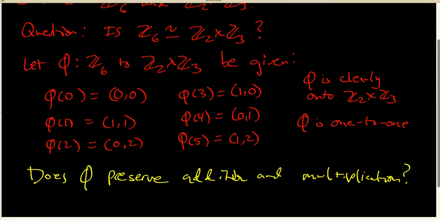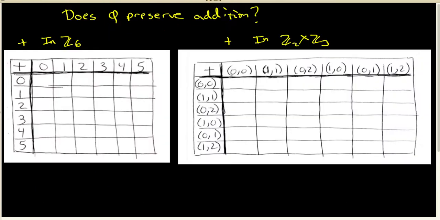So what we're going to do next is look at these two tables. They are addition tables, and you will notice that they are currently blank. I want you to stop the video and copy these tables down and fill them out.